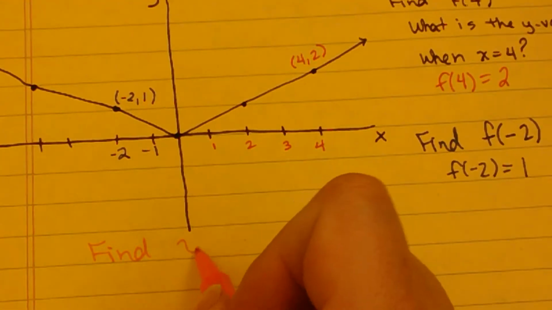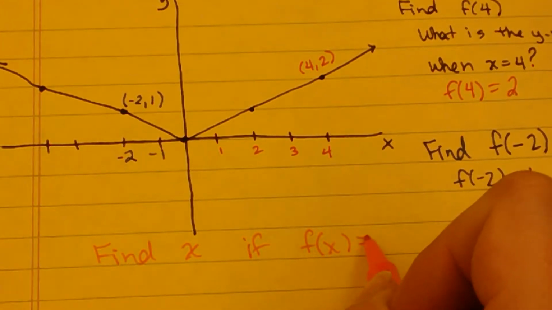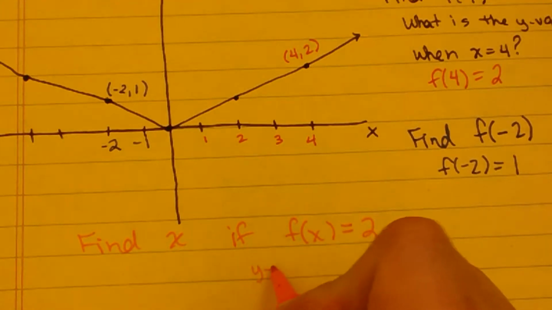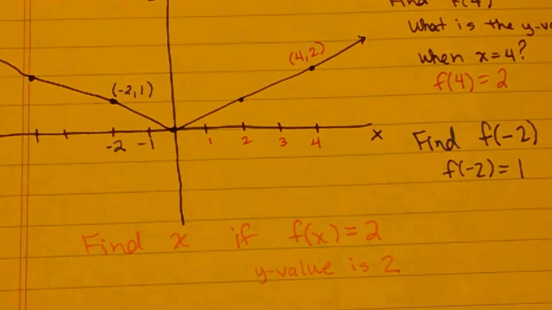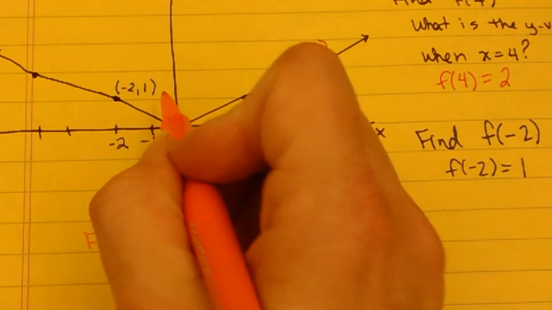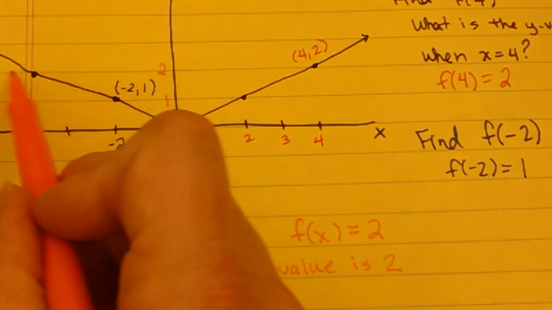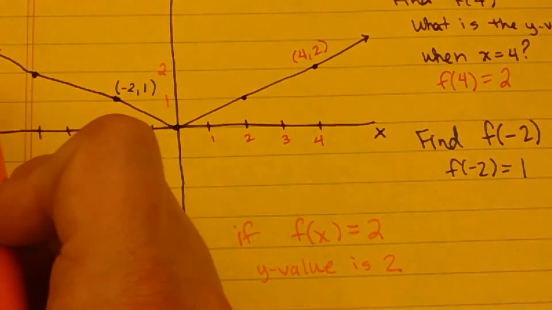So let's look at one of those examples. Find x if f of x is equal to 2. That means the y value is 2, and we want to find the x values. So if we look at our y-axis, the y value of 2 is right here. So I want to find every point on this graph where y equals 2.